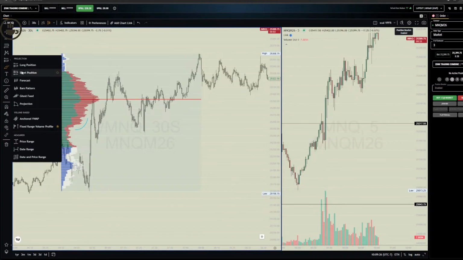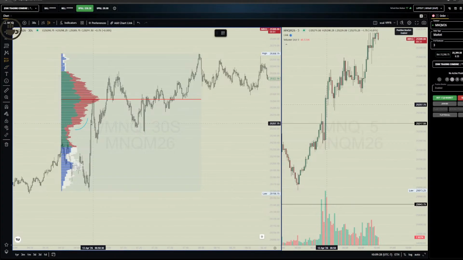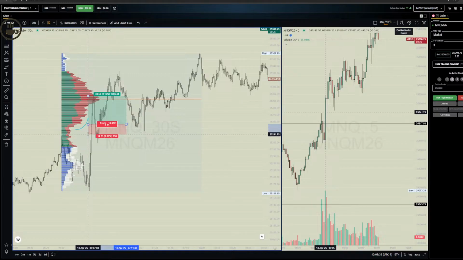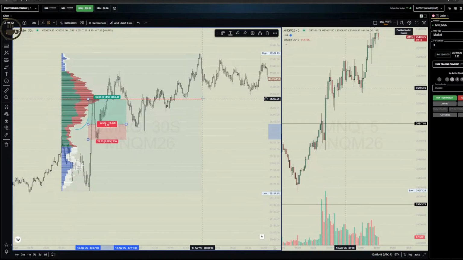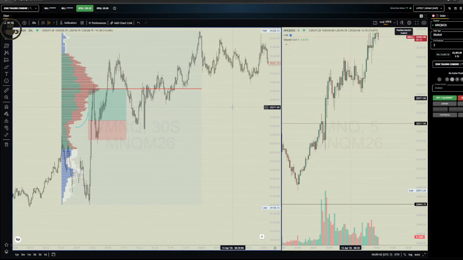So this morning, we put in a couple orders right here. The idea was to put it right behind this node, so the market would trade back up to this point of control, which most people say acts like a magnet, which if you trade for a little while, you'll start to see that that's true. So I put a limit order in here.